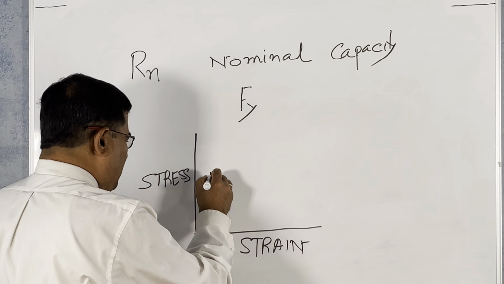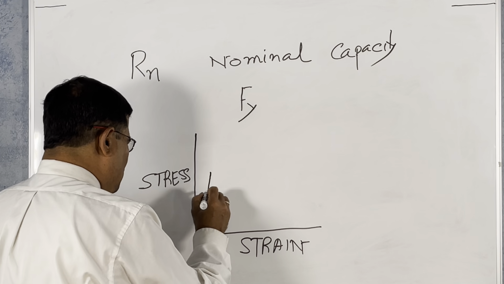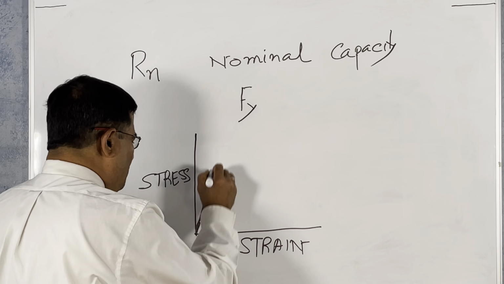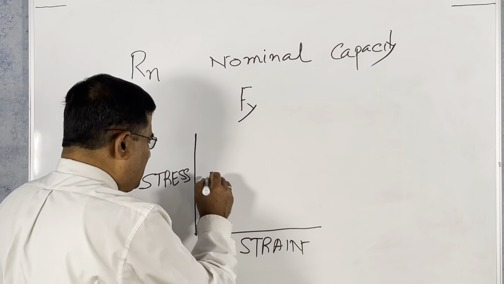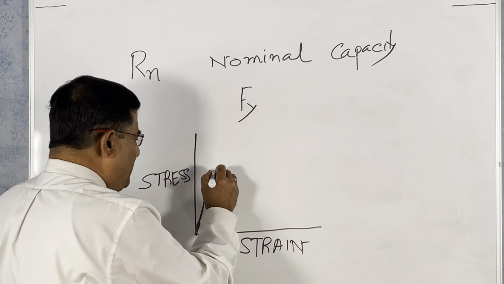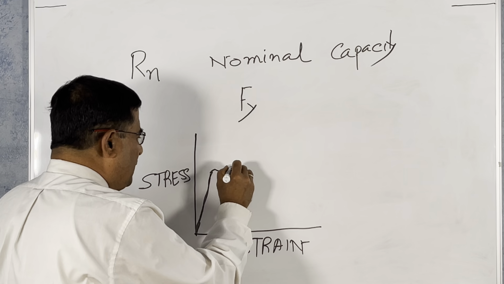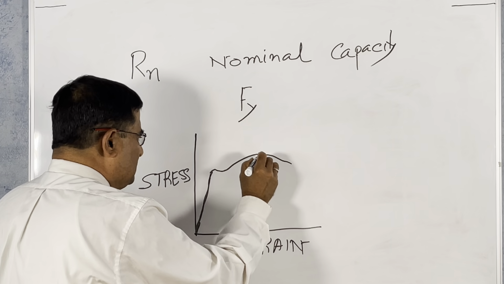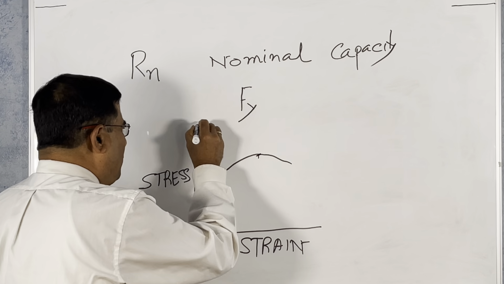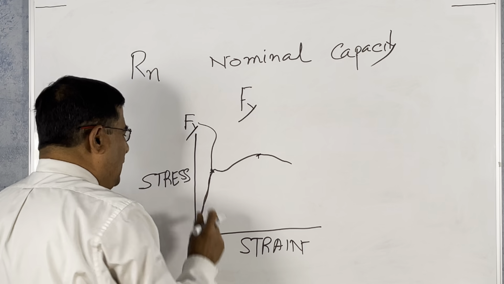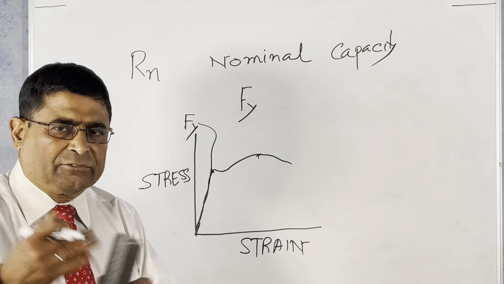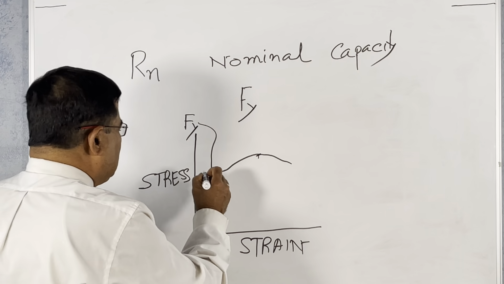It goes like this. You start at 0, then it is almost like a straight line. The stress is proportional to strain. After that, it yields a little bit, then comes down, then goes up again like this. This is the maximum. This point somewhere here is called the yield point, Fy. I will explain this with a good figure next time or the class after that. Okay, so this is Fy.